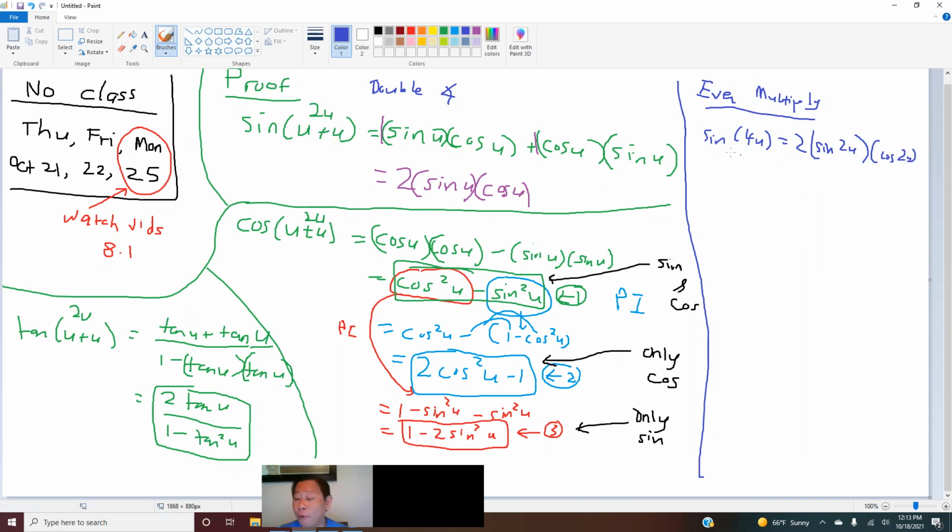Means that if you have 2, 4, 6, 8, in this case, if you have 4, then you'll be doubling here. So can someone tell me what happens when you have sine 6u? Anyone?